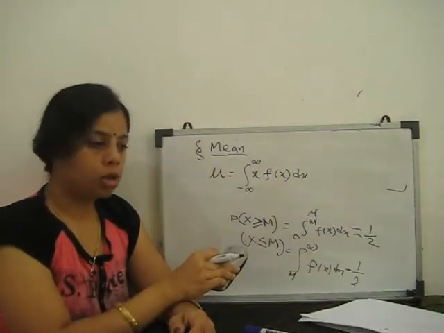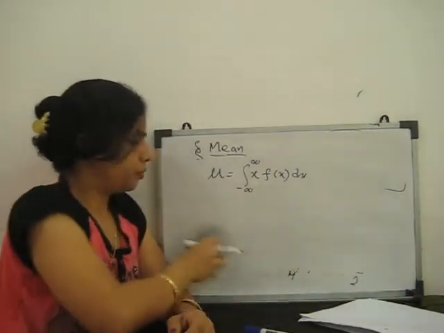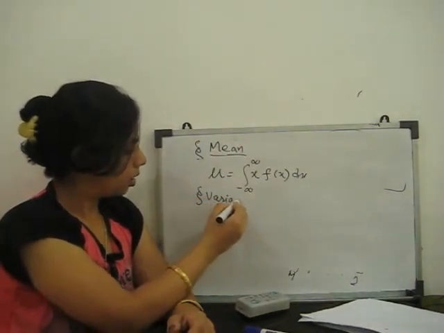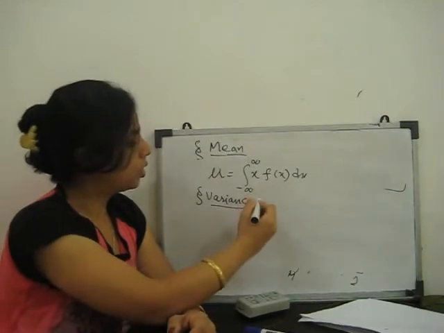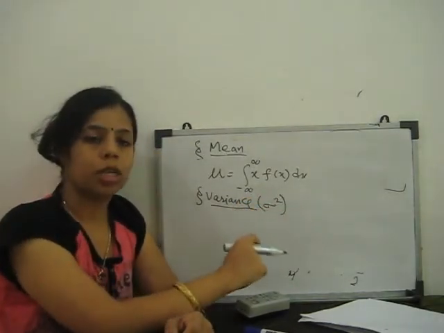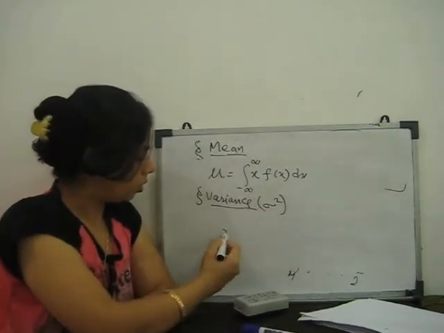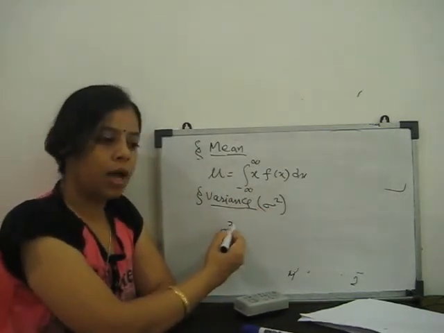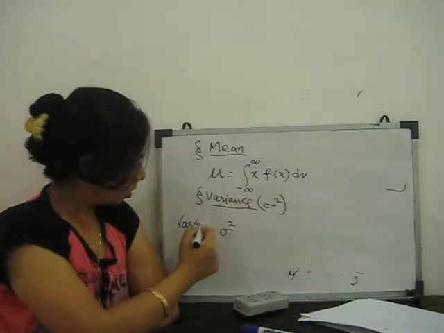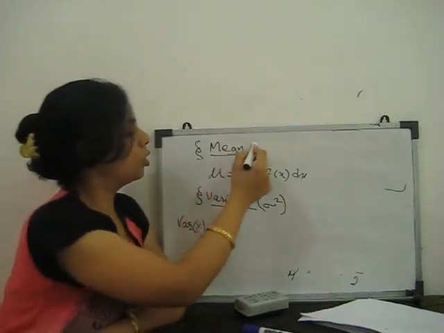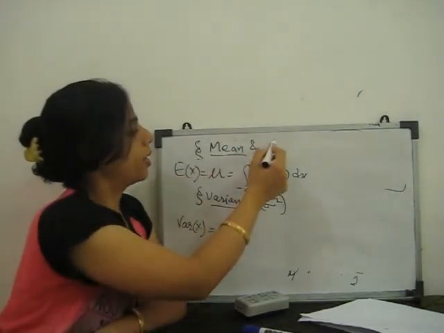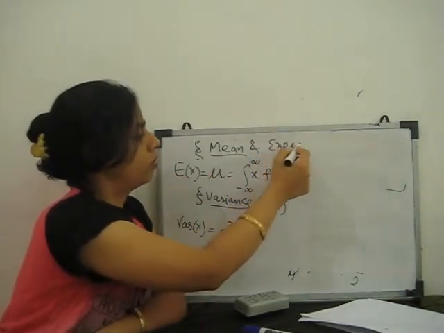And one more thing, variance. Variance is our sigma square, because sigma is the standard deviation and sigma square is the variance. So sigma square is the variance of x. This mean is also known as E(x), the expectation value.